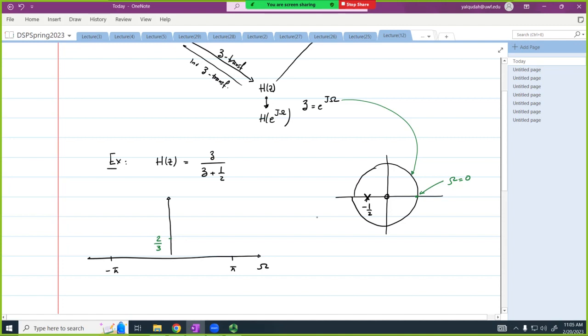The distance to the zero is not changed, because it's at the origin. What is changing? The distance to the pole. And what's happening to that distance? It's getting smaller, and therefore H(z) is going to get bigger. Agree?